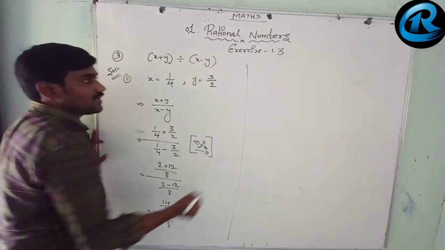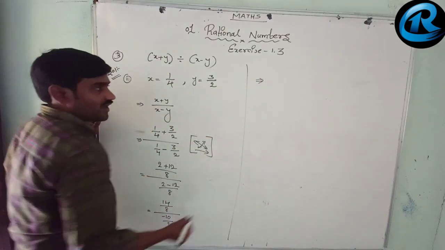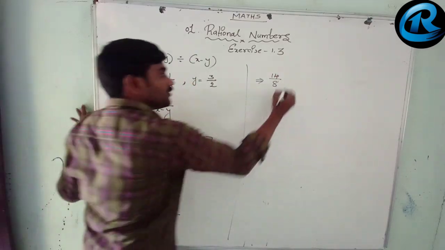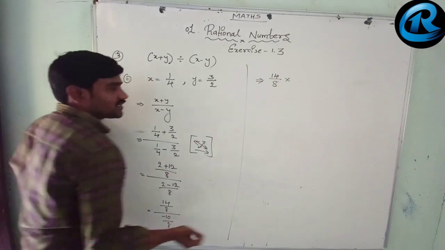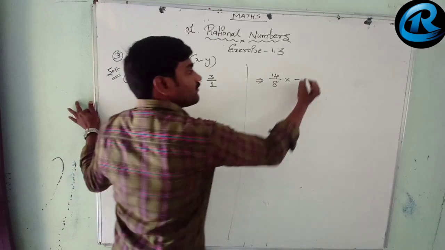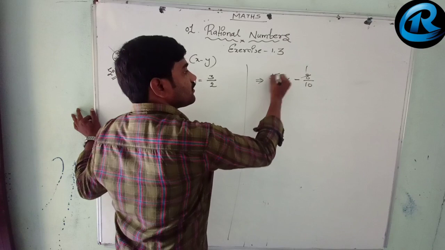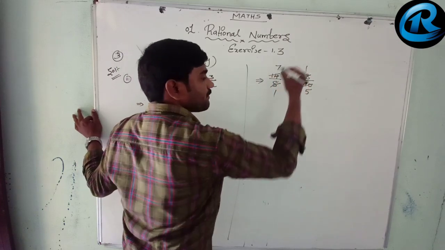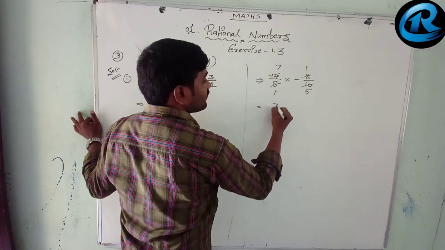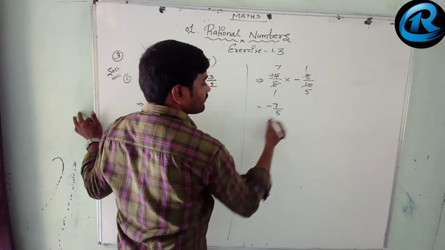When fraction by fraction comes, I told you what to do. When numerator and denominator are fractions, what we have to do? The first fraction we write as it is and we multiply by the reciprocal of the second fraction. Reciprocal of the second fraction, it is 10 by 8, no? We write 8 by 10. 8 1s are 8, 8 1s are 8, they get cancelled. 2 7s are 14, 2 5s are 10. That equals 7 into 1 that is 7, but here there is a minus, so minus 7 by 1 into 5 is 5.